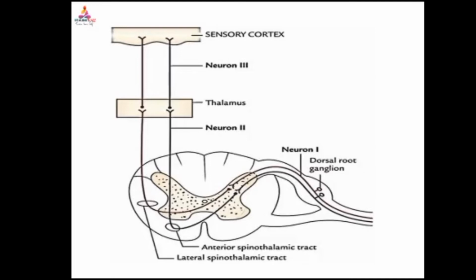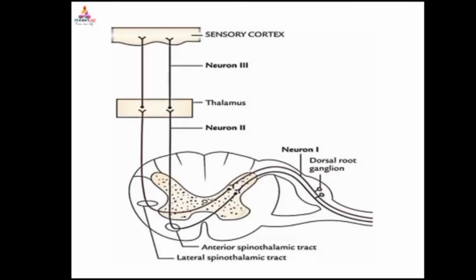Lateral spinothalamic tract: the cell bodies of the first order sensory neuron, that is, pseudounipolar neuron, of this tract lie in the dorsal root ganglia of the spinal nerves. The central processes of these cells enter the cord through the lateral division of the dorsal root of the spinal nerves.